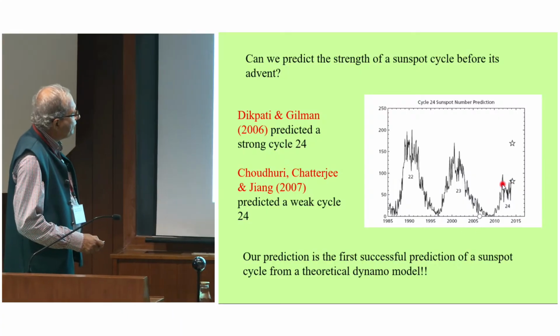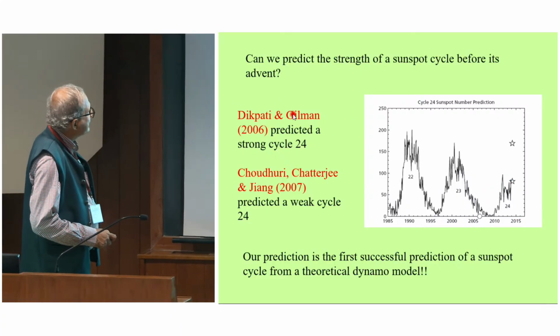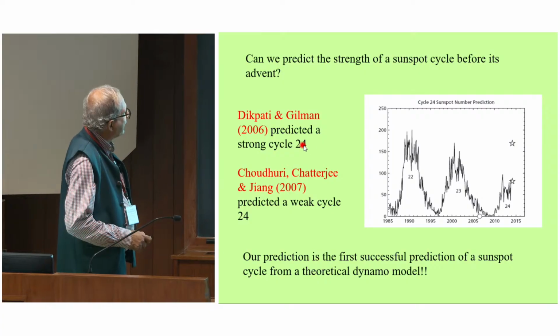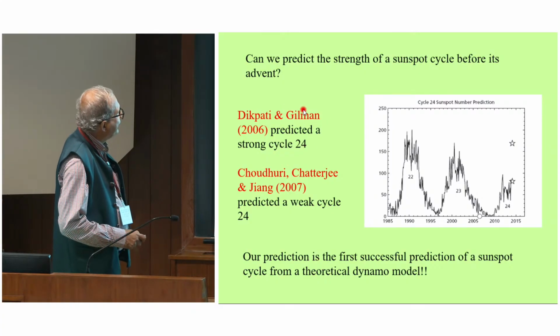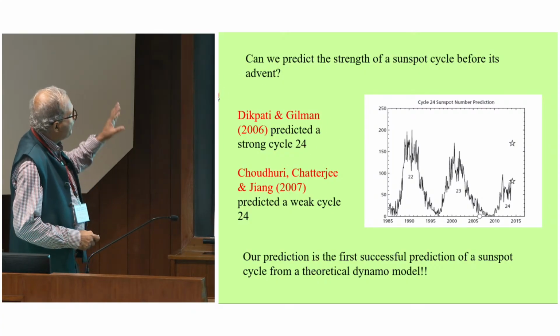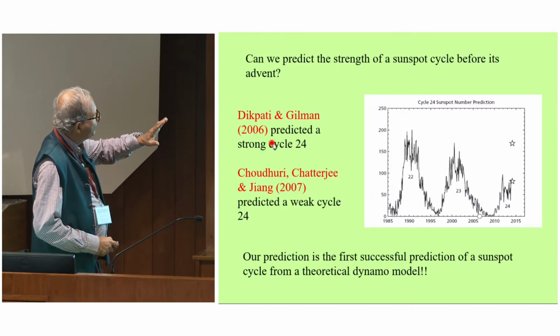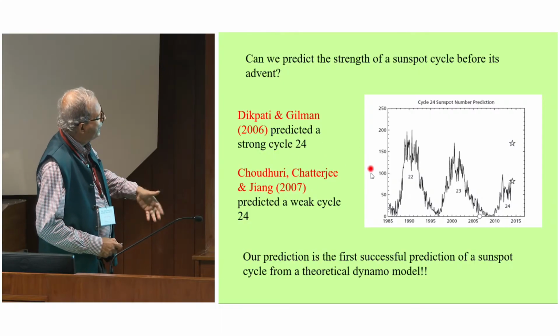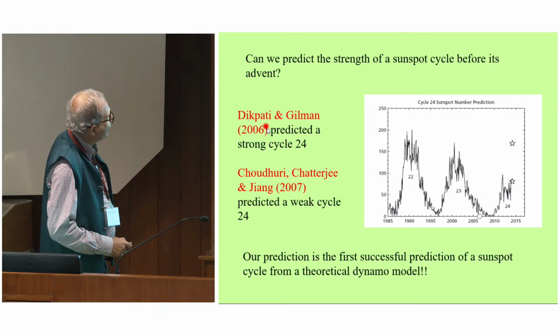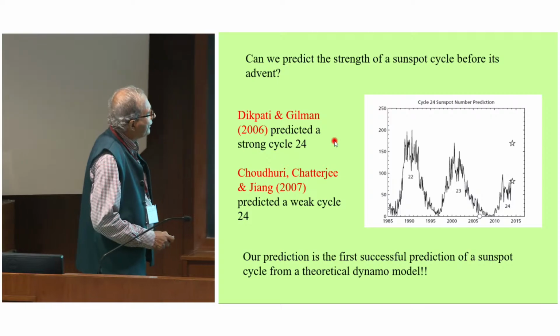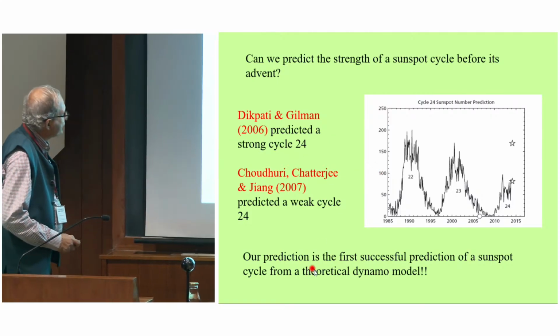So the first attempt of predicting this next cycle, which is counted as cycle 24, was made by Dikpati and Gilman. I will mention that Dikpati did her PhD thesis with me, but then she had been settled in the US for many years. So their prediction was that the next cycle will be very strong.